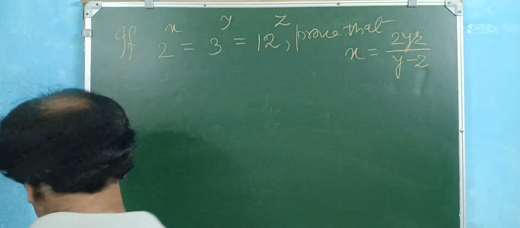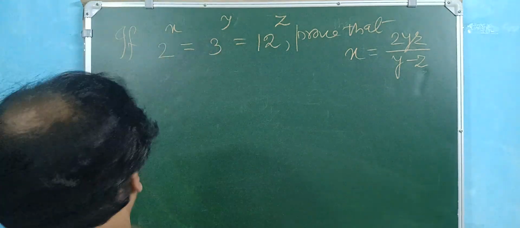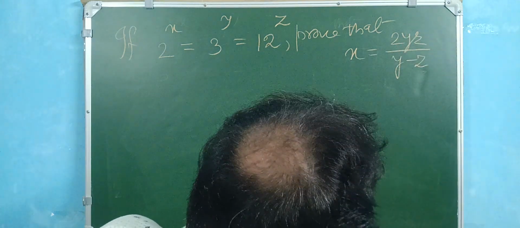That is the sum. Just see, if 2 to the power x is equal to 3 to the power y is equal to 12 to the power z, prove that this is 2yz by y minus z.